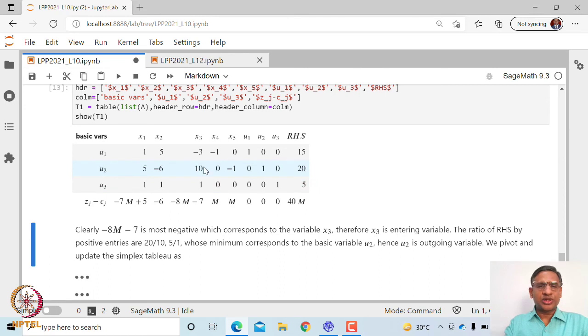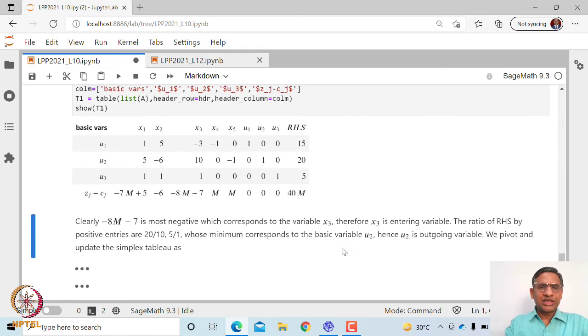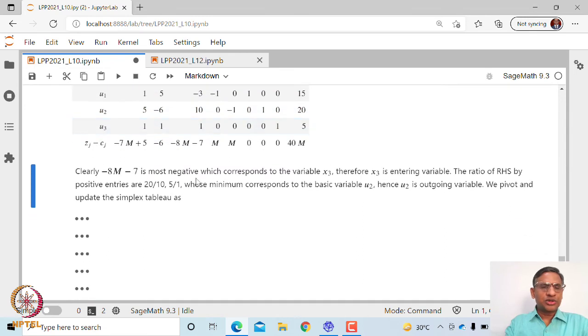So the minimum ratio is 20 by 10, corresponding to the basic variable u2. Therefore u2 will be the outgoing variable and x3 will be the incoming variable. And what is the pivot? This element is the pivot, which is row number 2, column number 2. So we need to pivot on it.